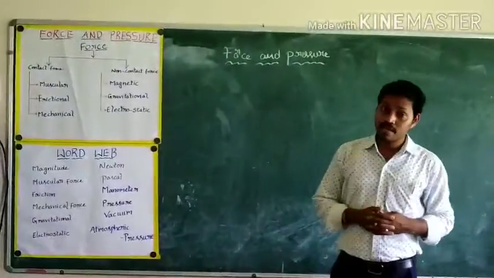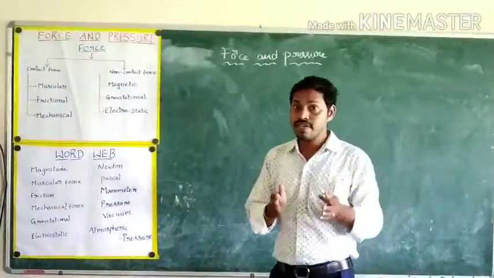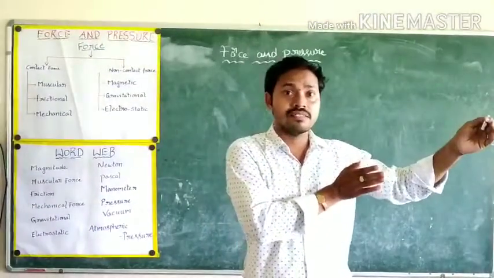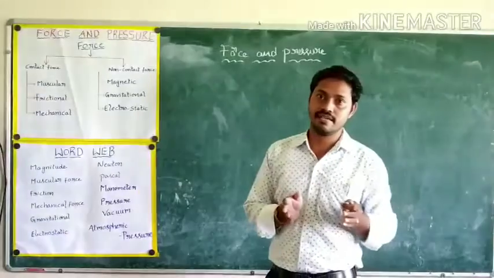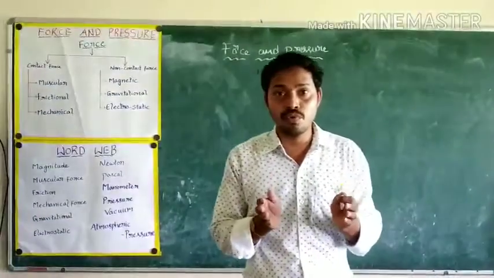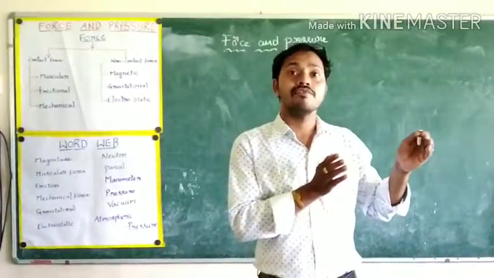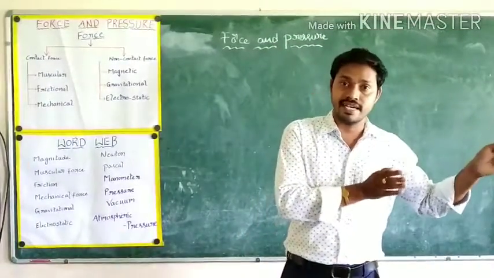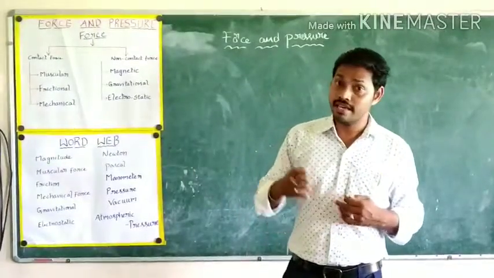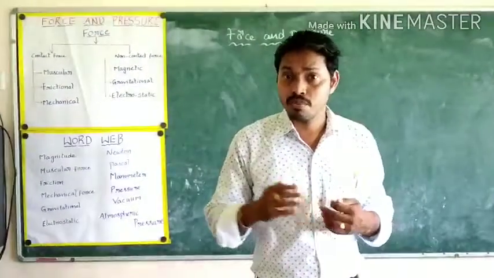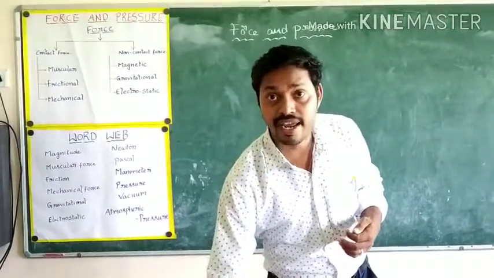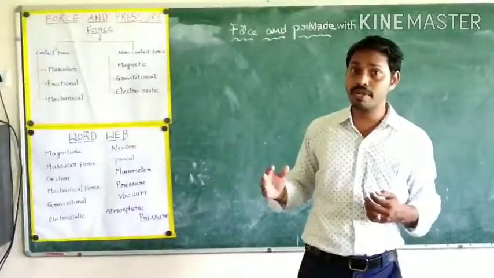Now, living organisms can move from one place to another for food and shelter. Yes, you got that? Then what about non-living organisms? Can these non-living organisms move themselves from one place to another? Can the duster and the blackboard move from one place to another?